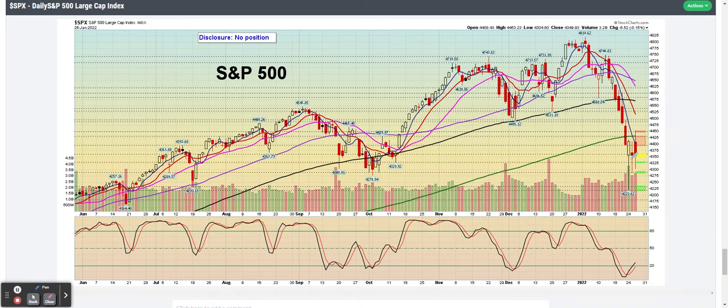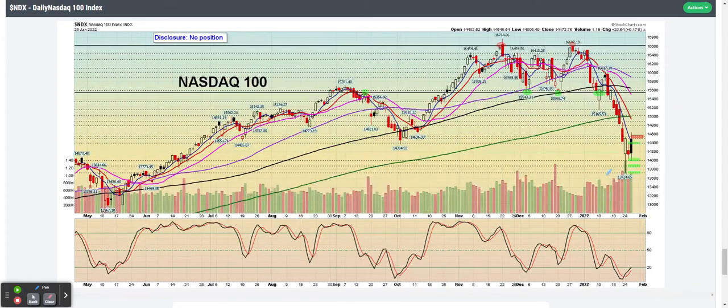For me, the best setup would be if we consolidate near the lows of that bounce. Consolidate around this area and then play it either long or short. I'm not saying it's going to happen. This is what I wish could happen.